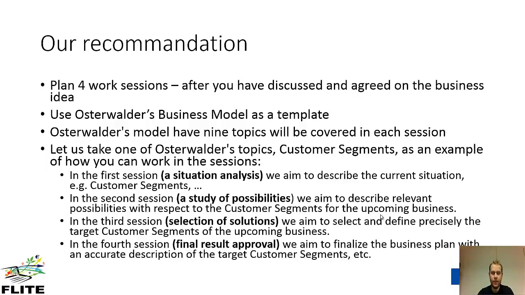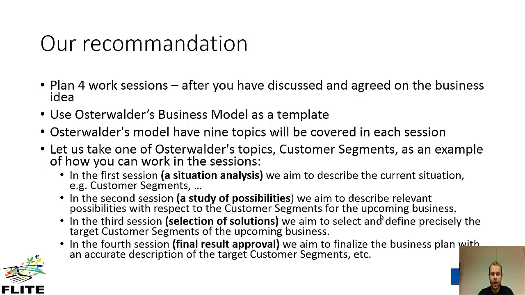In the first session, the one called situation analysis, we aim to describe the current situation. So if we take customer segments, for example, we try to look at what is the current situation in the customer segments. We will describe this in the first session. In the second session, it's called a study of possibilities.